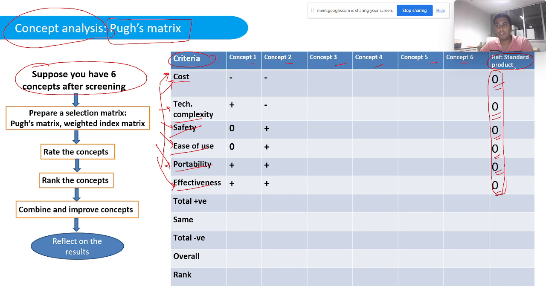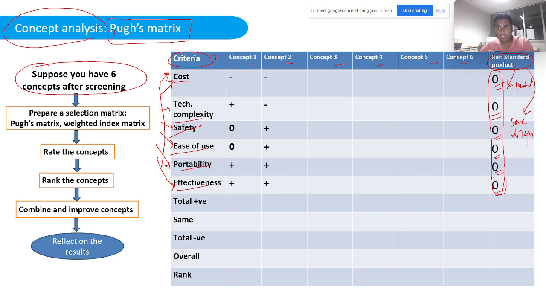This can be a product which is competitive to your concepts, or it can be a product which serves the requirements, may not be an exact product like this concept, but at least it is useful for serving those user requirements.